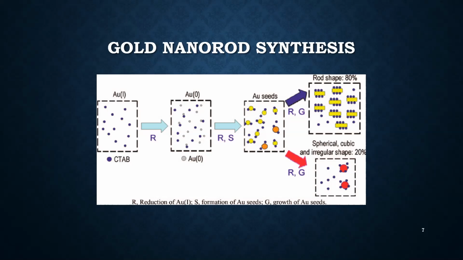To form gold nanorods, sodium borohydride is added directly to the growth solution, which contains CTAB, gold ions, namely gold chloride tetrachloride, silver ions, namely silver nitrate, a base, namely sodium bicarbonate, and a weak reducing agent. In this case, we use hydroquinone.